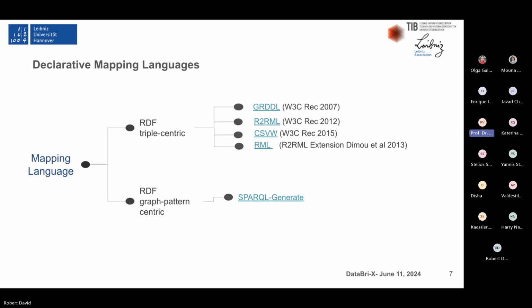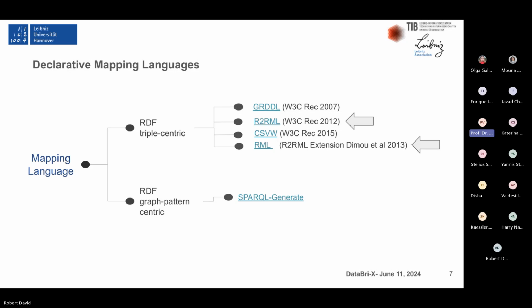Our focus is on R2RML and also RML, even though the techniques that we have developed will work for other approaches. But what I'm presenting today focuses on what we call RDF triple-centric mapping languages, and in particular R2RML or RML.